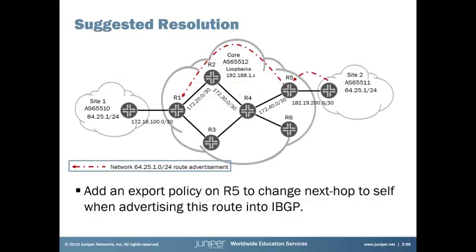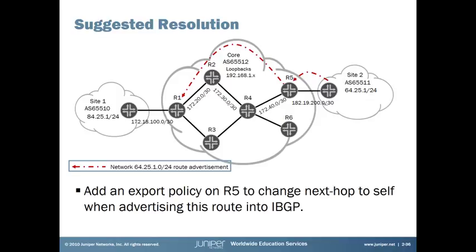Let's take a look at the network between R5 and site 2. That network is the 182.19.200.0 network. So we can assume that on this point-to-point link, R5's address is .1 and site 2's address is .2 on that network.